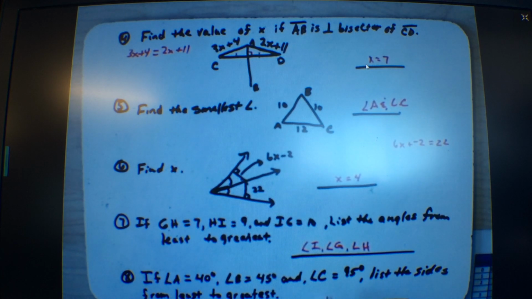But let's take a look and see if this works for this. We have here angle A is 40 degrees, angle B is 45 degrees, and angle C is 95 degrees, correct? We want to list the sides from least to greatest, right? Well, the smallest angle is A. So what do you think the side across from it is?